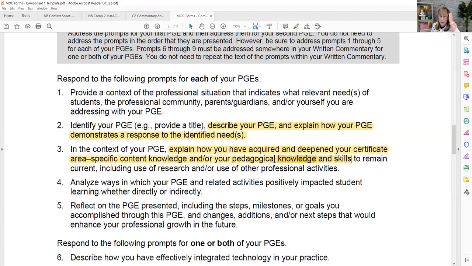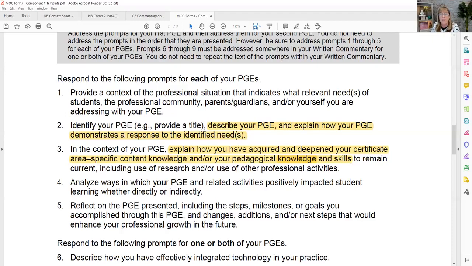Let me highlight that. Remember, the acquired, deepened, certificate area specific content knowledge and or pedagogical knowledge and skills go into your description. So they're a step in your description.